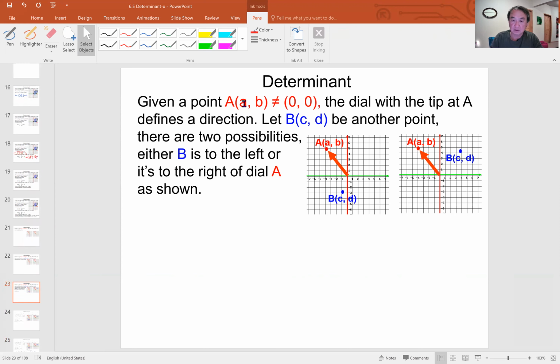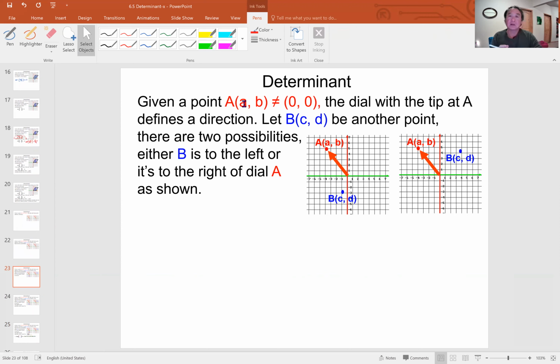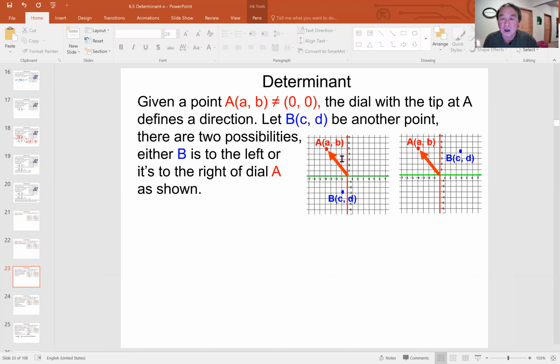Then there are two possibilities: B is either on the left-hand side or on the right-hand side of the point A. What I mean by that is this. If I need to turn this red arrow based at A to point at the point B on the left-hand side, I need to turn left.